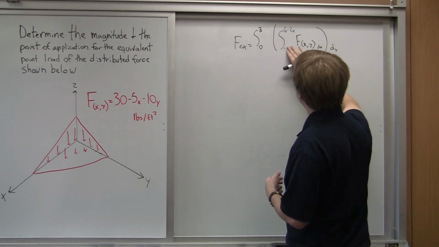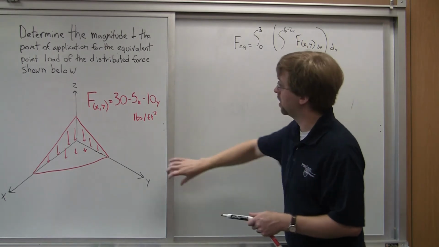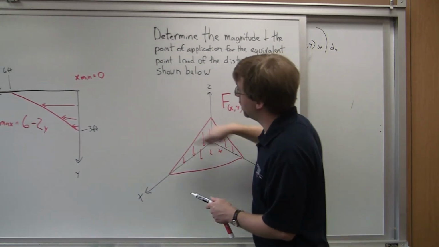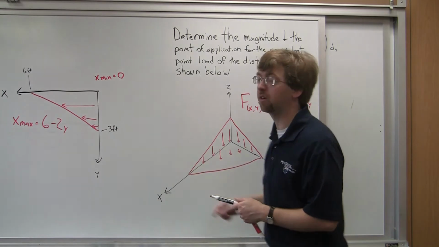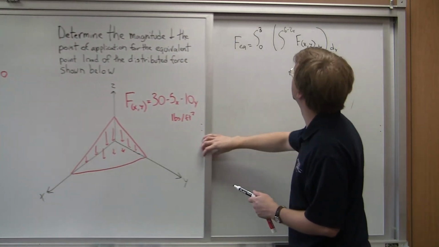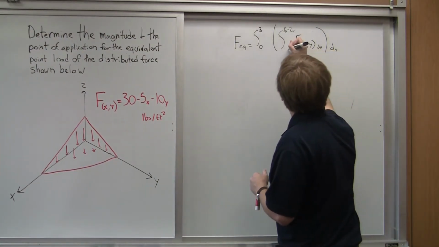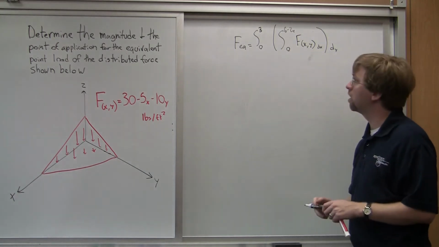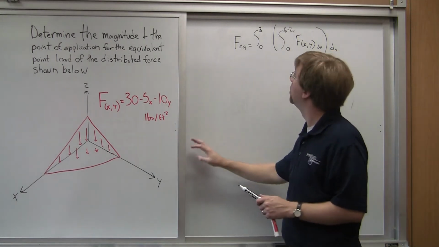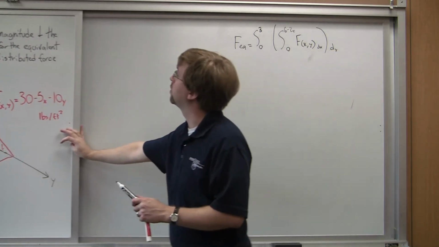And again, x min is on this side over here, that's always going to be 0. So there are our bounds for the whole problem. So let's go a little bit further at this point.